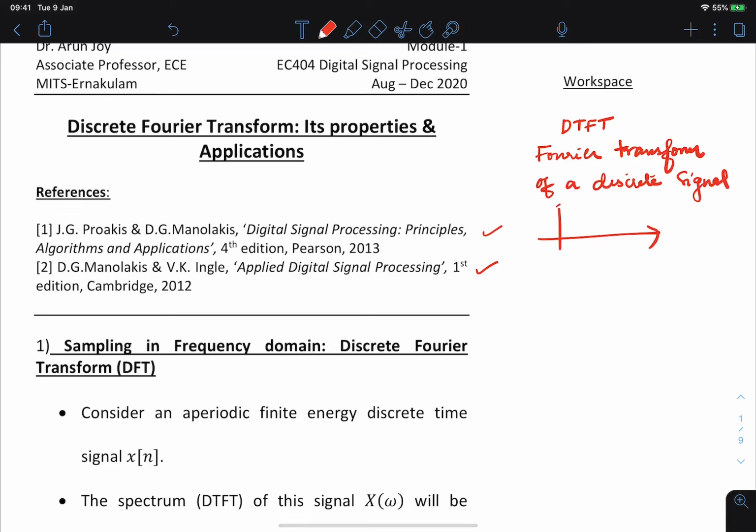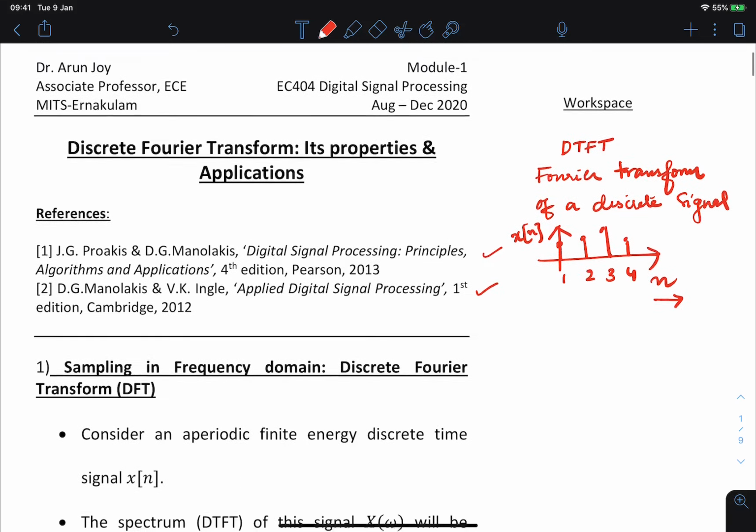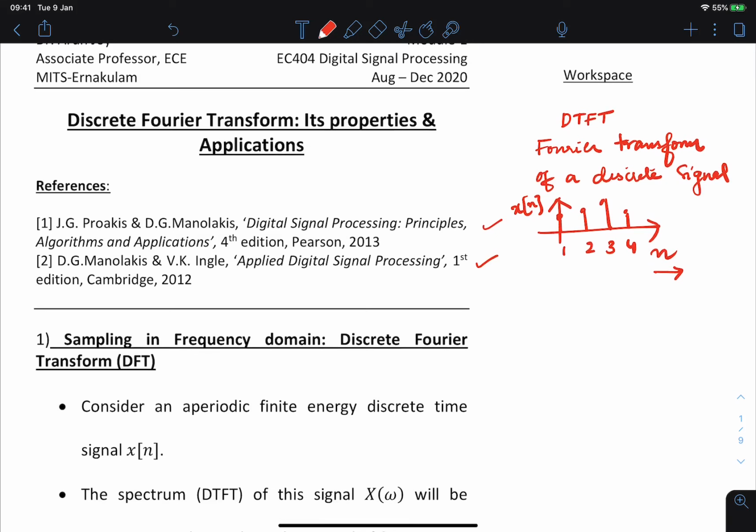that is a signal like this, n and x of n, and a discrete signal example will be something like this. Unlike in the continuous case where n would be equal to t, that is time, in the discrete case n is equal to the sample number.